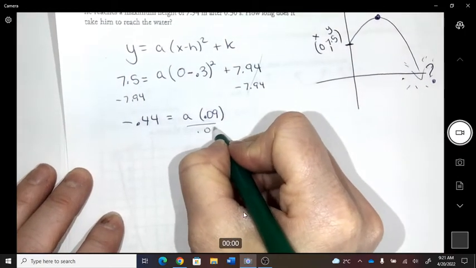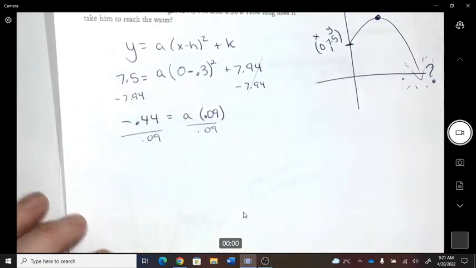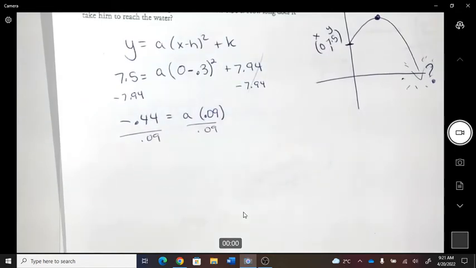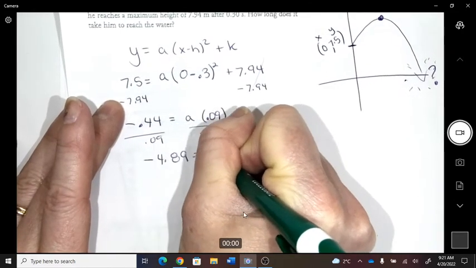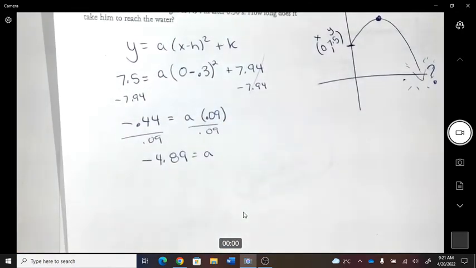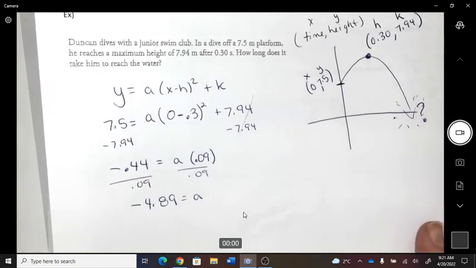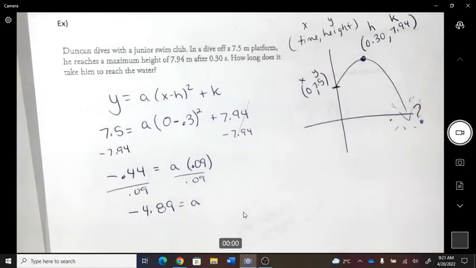So dividing by 0.09, negative 4.89 is the slope. I knew it was negative because of the situation, right? It has to be upside down.